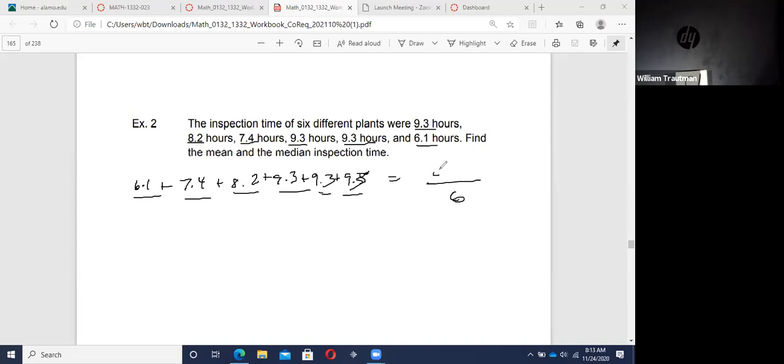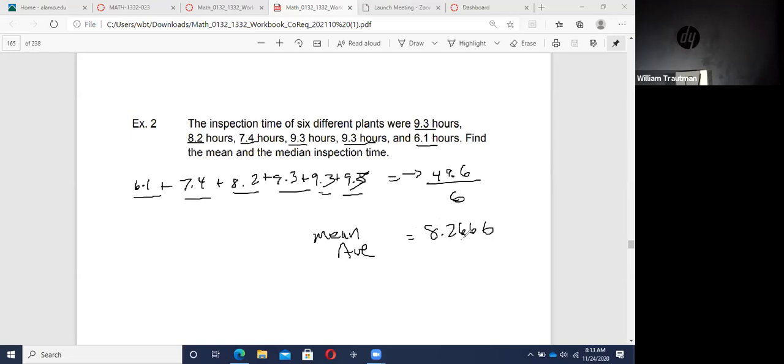And I get 49.6. I don't know if anybody's following along. Well, I'll check it on the calculator to verify it. So I got 49.6 when I added them all up, and then I'm going to divide it by 6. And I get a mean, once again, mean is the average, of 8.266.